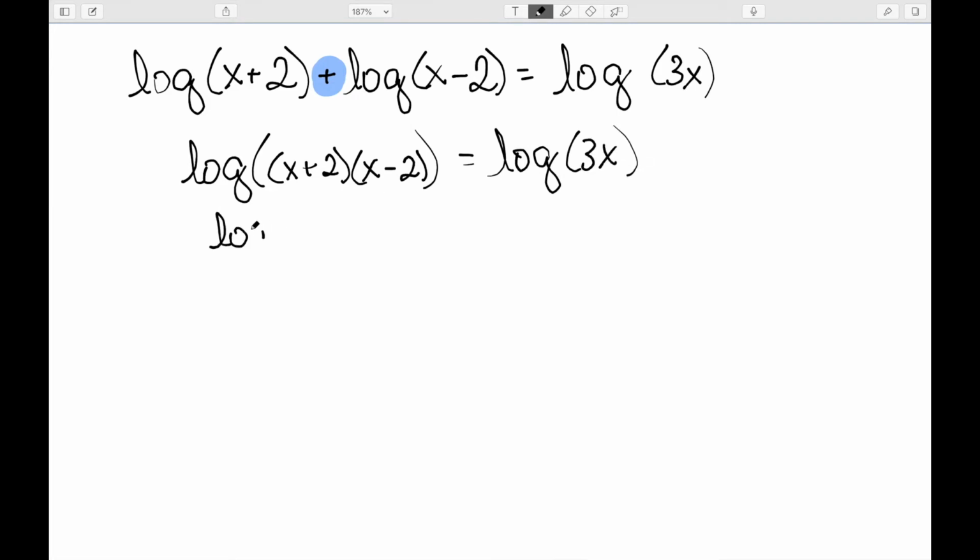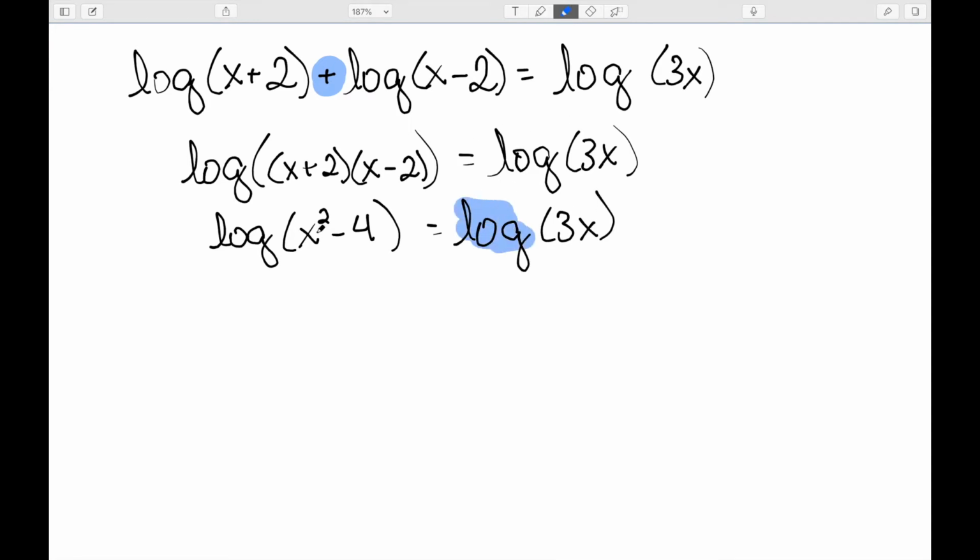So now this says log of x squared minus 4 is equal to log of 3x. So now we do have a logarithm on both sides that's of the same base. So x squared minus 4 is equal to 3x.